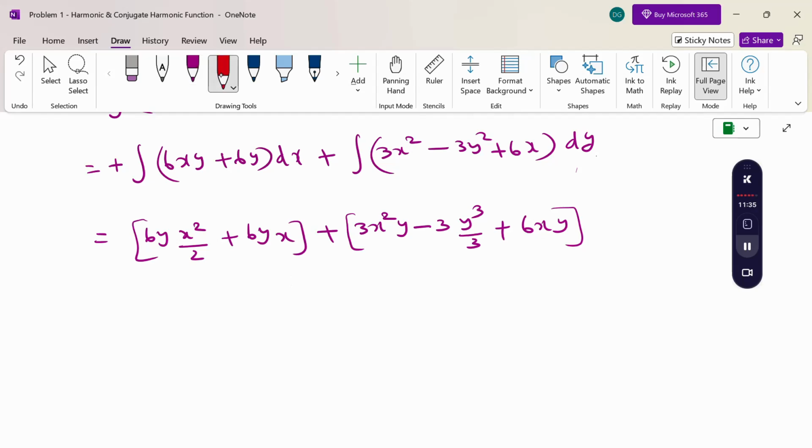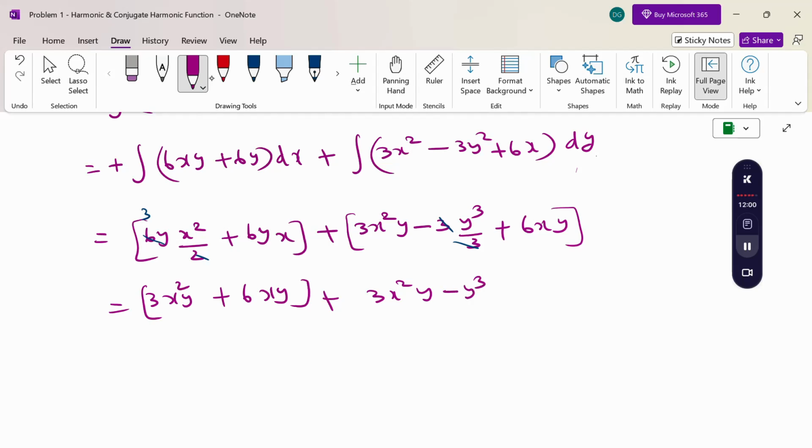Now cancel the common term, a 3 times and this 3 cancel. Therefore 3xy square plus 6xy plus 3x square y minus y cube plus 6xy.